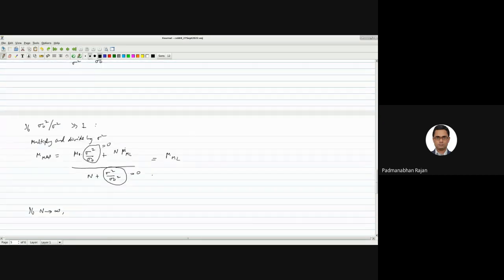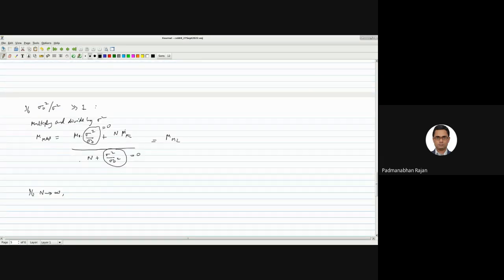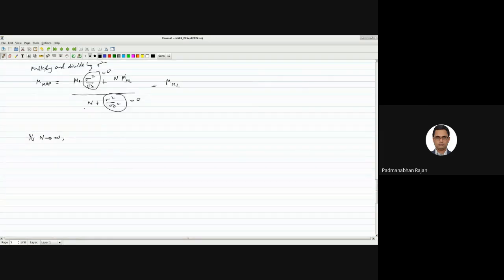I'm multiplying again, so I will get (1 by n sigma naught square mu naught plus 1 by sigma square mu ML) by (1 by sigma square plus 1 by n sigma naught square).